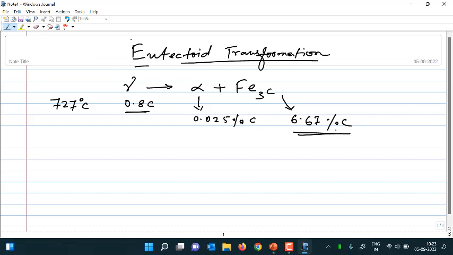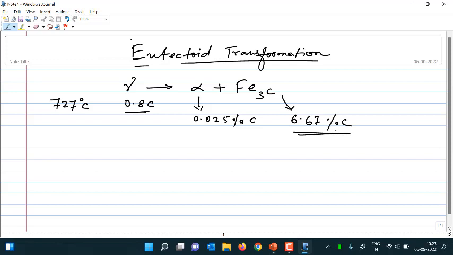What does that tell you? That tells you that this 0.8% carbon has to redistribute between these two phases, because one has much lower carbon compared to the other. So the first thing that has to happen for this transformation to occur is redistribution of the carbon content, and that basically comes down to the diffusion phenomena.